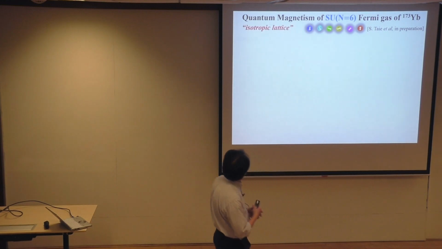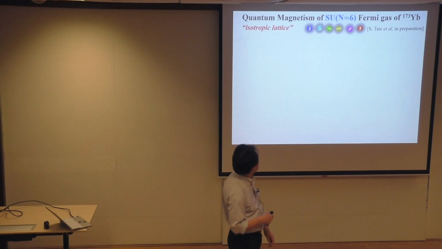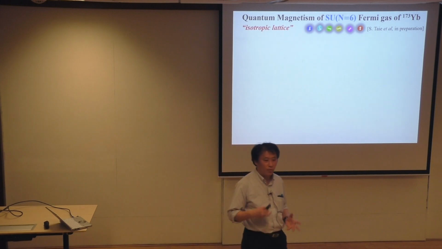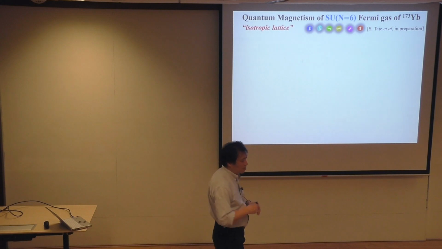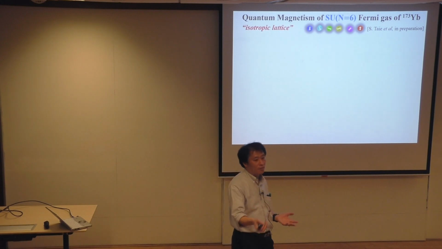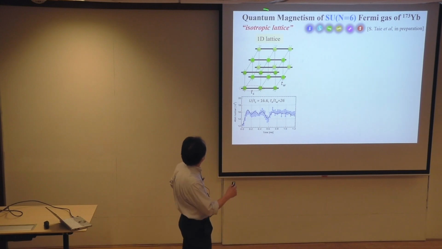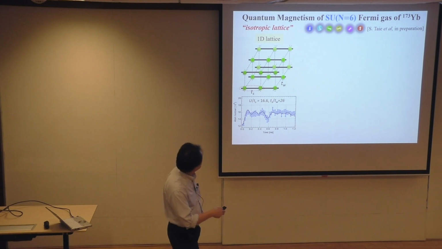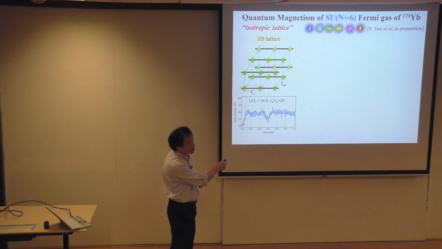And next, we study the quantum magnetism of SU(6) in the isotropic lattice configuration, which is more interesting than the dimerized lattice. Now, this is a case of a 1D optical lattice like this. And we clearly observe the STO signal along the strong link in a 1D optical lattice.